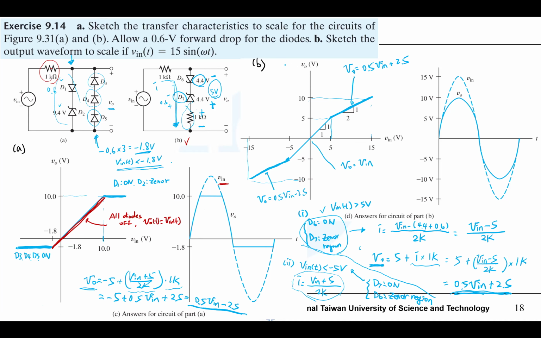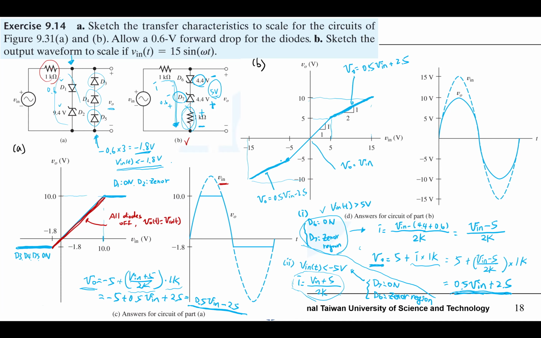We come up with this characteristic equation, characteristic diagram between V in and VO. So this is quite special. And you can notice it is not clamped anymore because it has a resistance here. Once there's a current flow through this resistance, then its voltage will keep increasing.